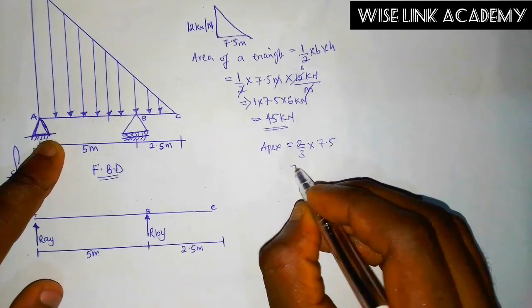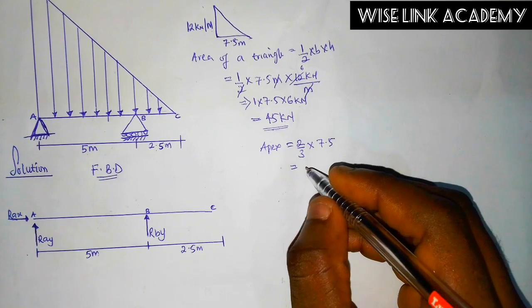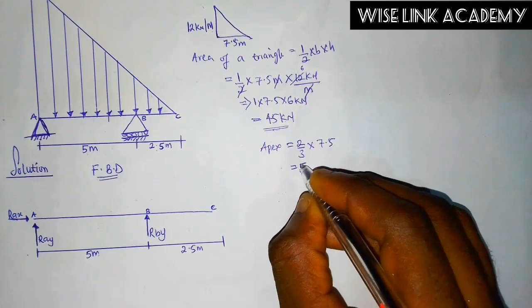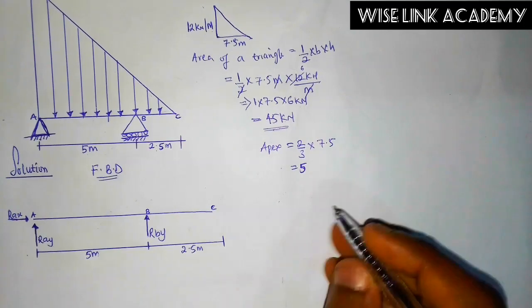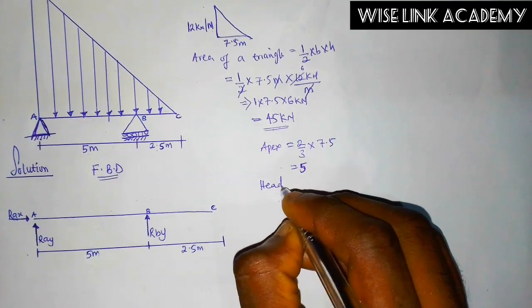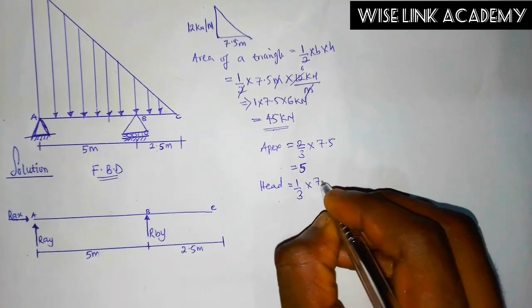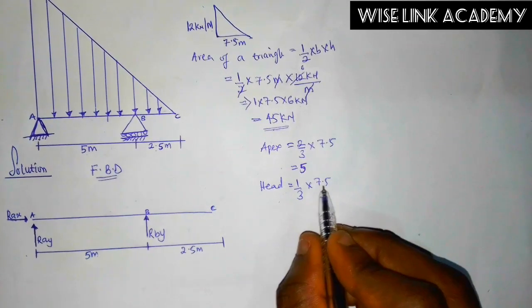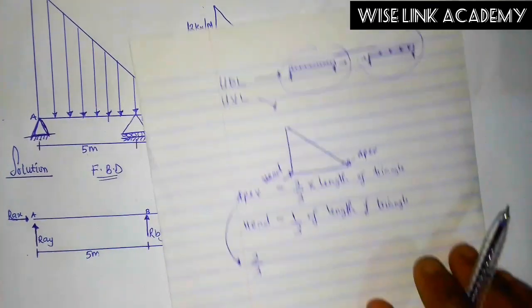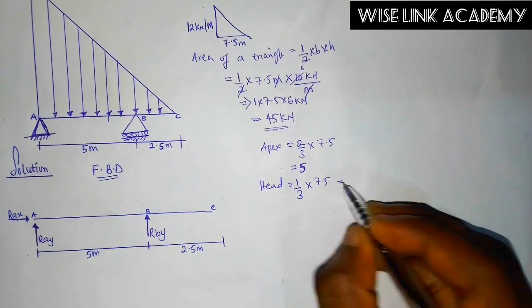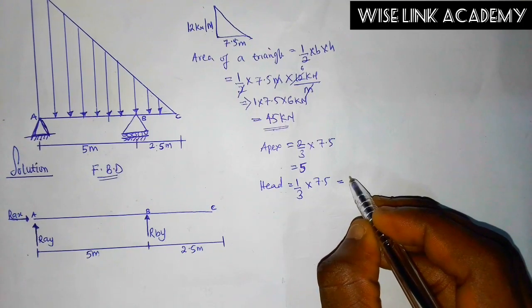So my answer will give me 5 automatically. Now from the head, it is 1/3 times 7.5. That is this distance here, as in the formula. If you calculate it, I'll be having 2.5.